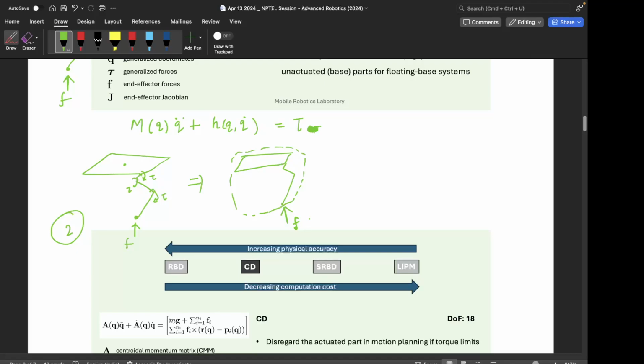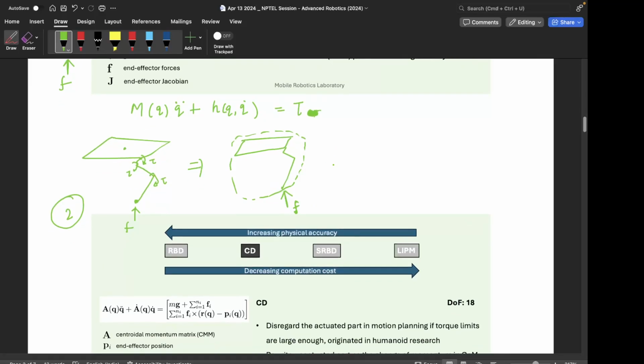Now for this system, the total external force will be equal to change in the linear momentum, right?